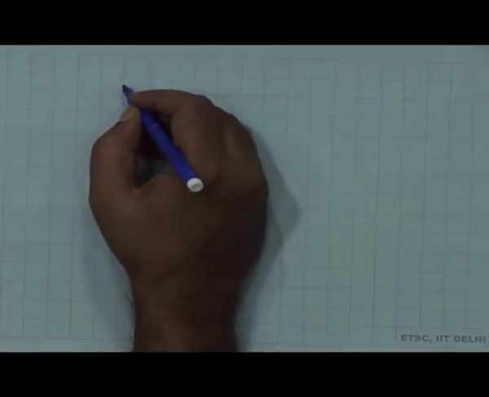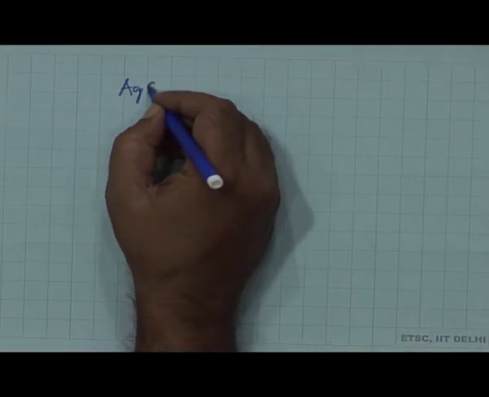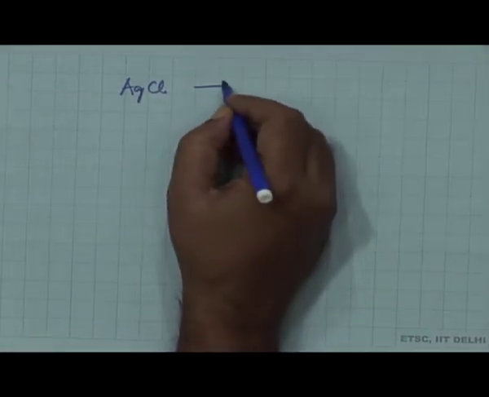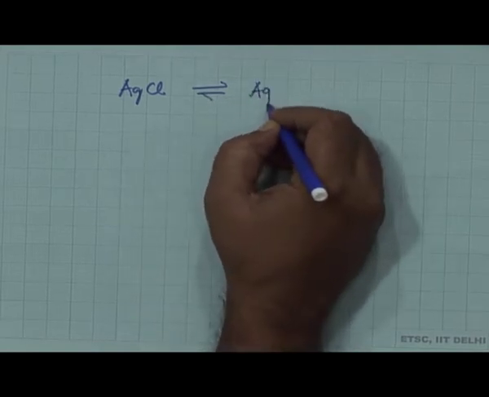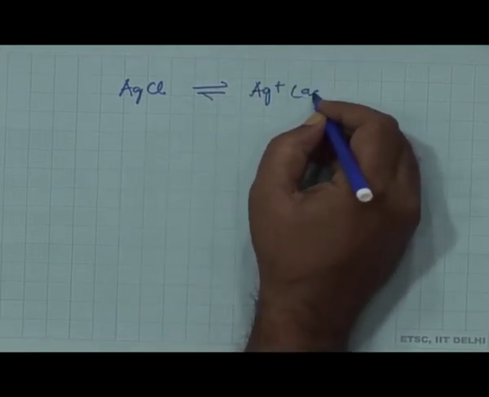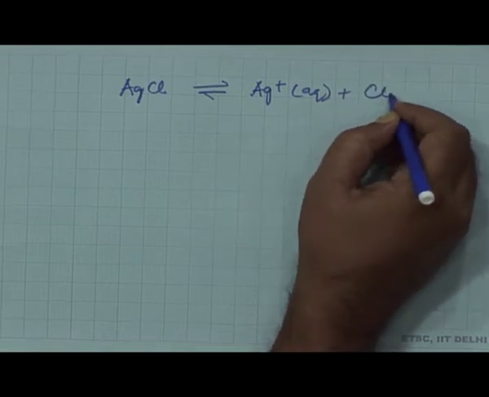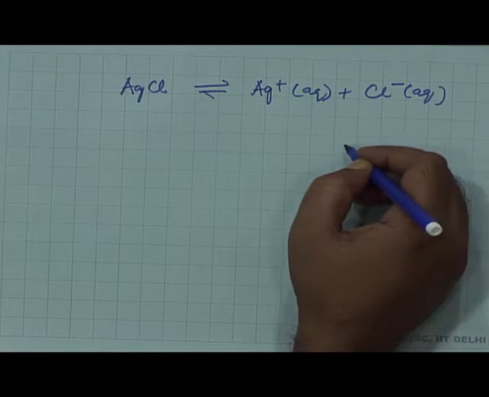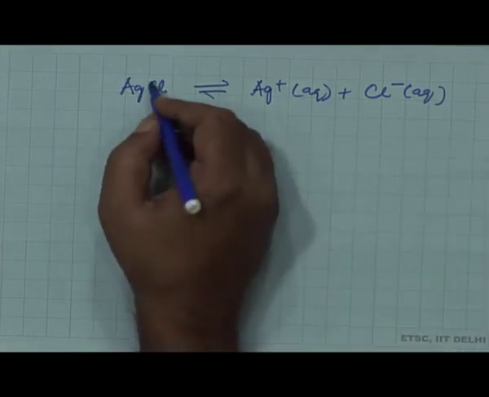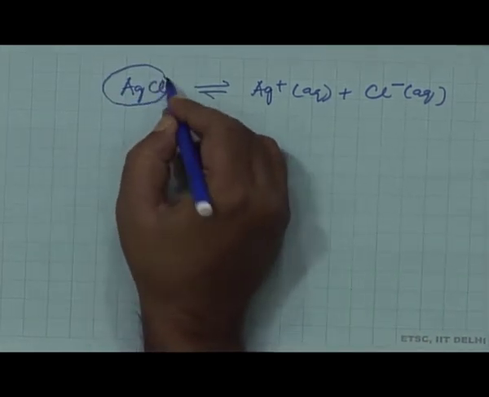One example of a sparingly soluble salt is AgCl. When you put it into water, it will break into Ag plus aqueous plus chloride ion aqueous. So, this is your sparingly soluble salt.